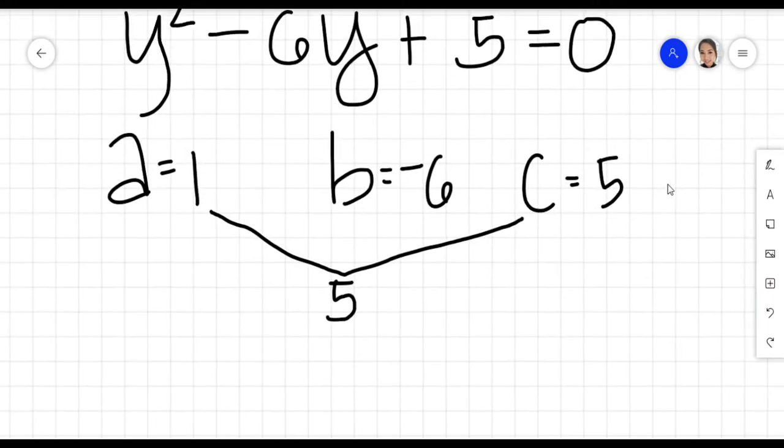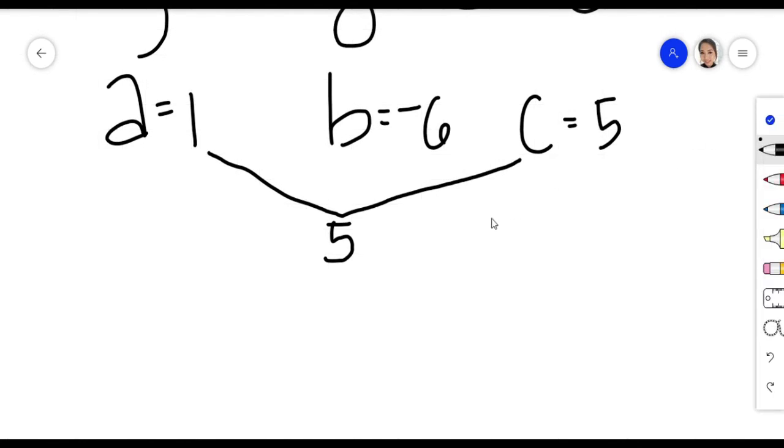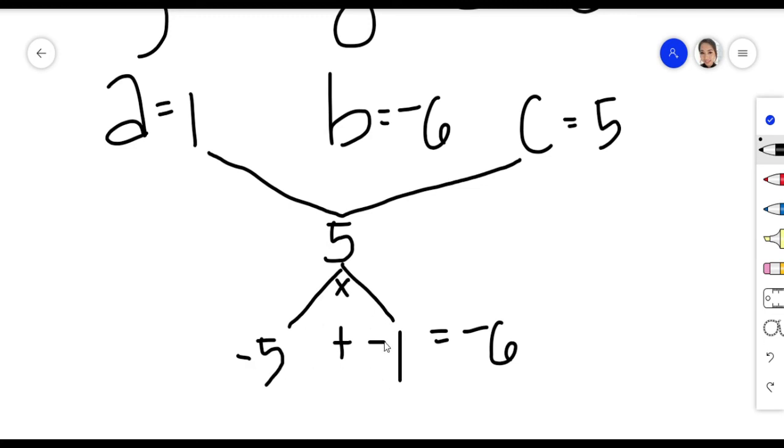After multiplying a and c, do the same thing. Find two numbers that add up to negative 6, which is our b here, and if we multiply them, the result will be 5. So we already know that the two numbers are negative 5 and negative 1. Again, negative 5 times negative 1 is 5, and negative 5 plus negative 1 is negative 6.